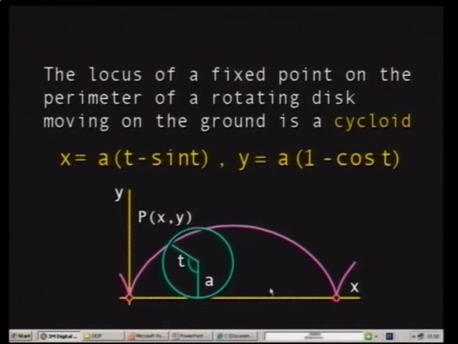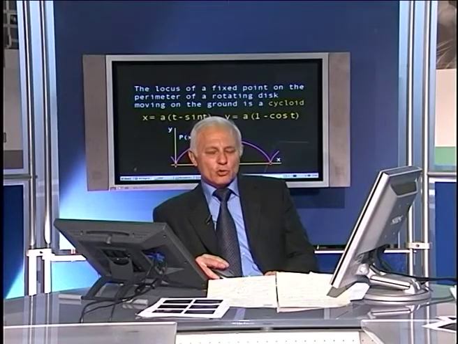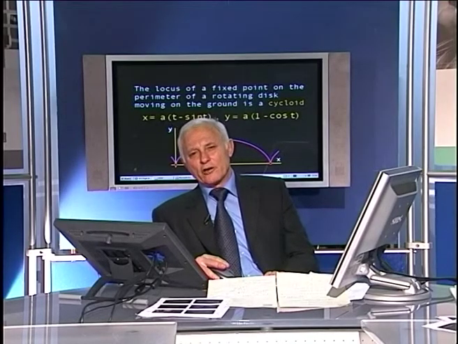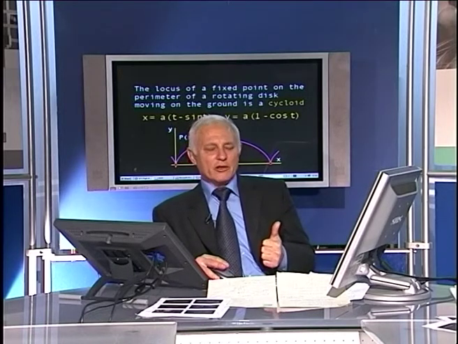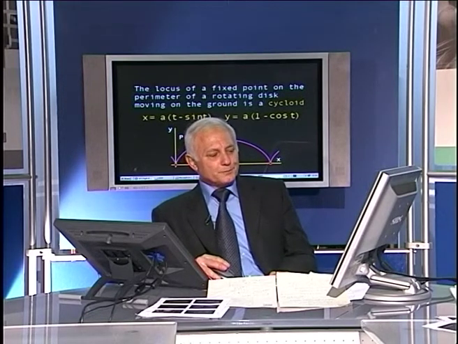And this cycloid is a very famous curve. Why? Because it was the third curve in history to have its length calculated. The first curve in history to have its length calculated is the circle. The second is the logarithmic spiral, and this is the third one.